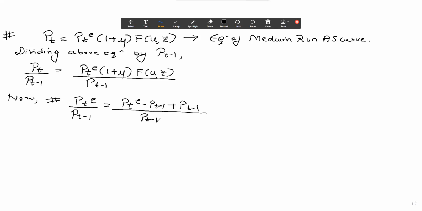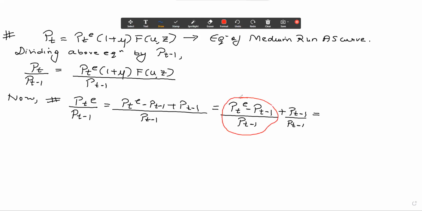What I have done is in the numerator, I have added and subtracted Pt minus 1. So I can further write it as Pte minus Pt minus 1 upon Pt minus 1 plus Pt minus 1 upon Pt minus 1. Now guys, what is this whole term?